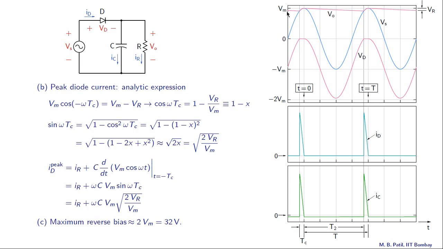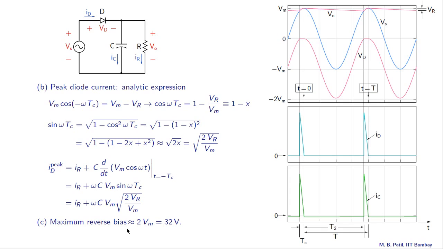Now Vo is nearly constant, that is equal to Vm, and therefore VD is equal to Vs shifted down by Vm, because VD is Vs minus Vo, and that essentially is this waveform here, and the lowest value is minus 2 Vm. So that means the maximum reverse bias is 2 Vm. In this case it is 32 volts.